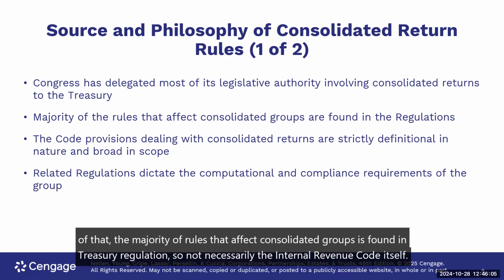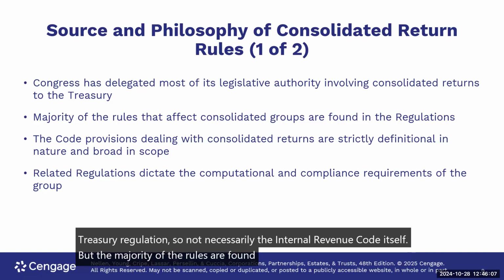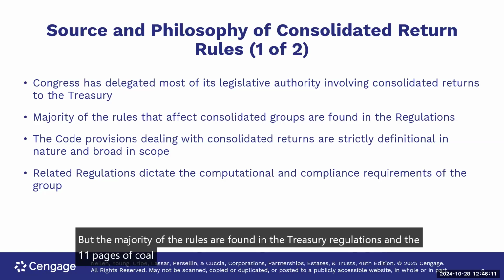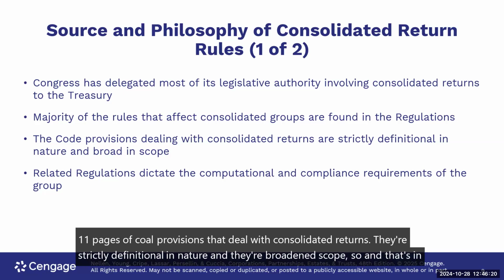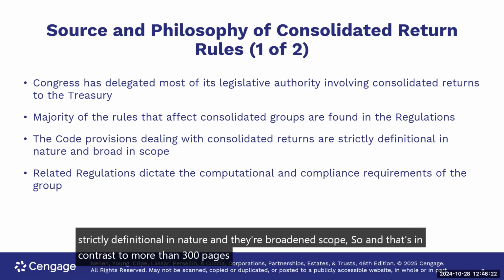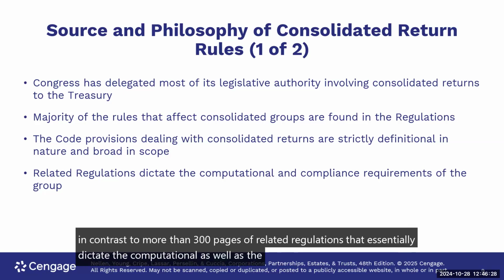The 11 pages of code provisions that deal with consolidated returns are strictly definitional in nature and broad in scope. That's in contrast to more than 300 pages of related regulations that essentially dictate the computational as well as the compliance requirements of a consolidated group.